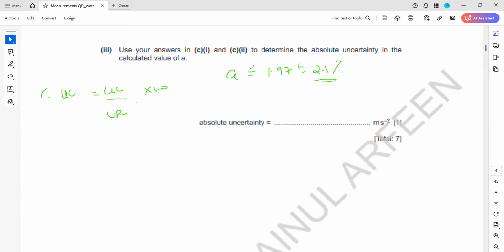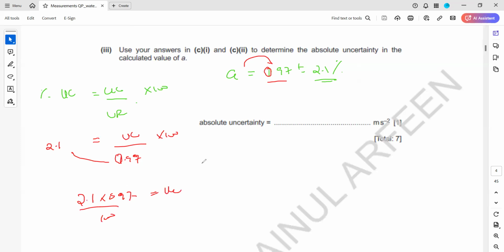The value of a which we recorded was 0.97. The absolute uncertainty we don't know. The percentage was 2.1. So we simply multiply 2.1 times 0.97 divided by 100. That will be equal to the absolute uncertainty. Is it clear?